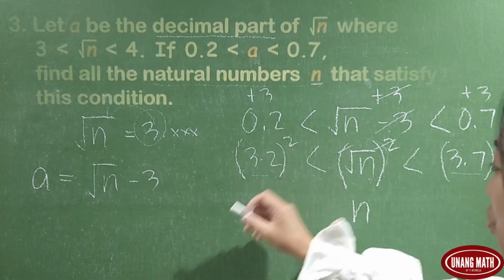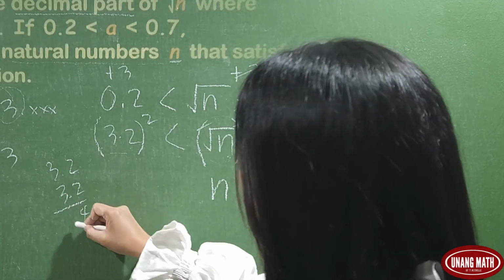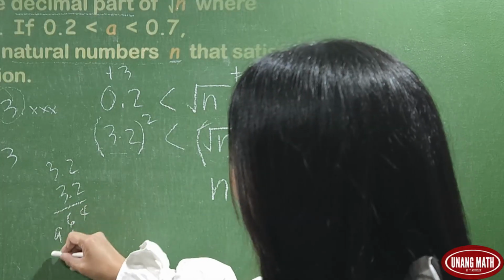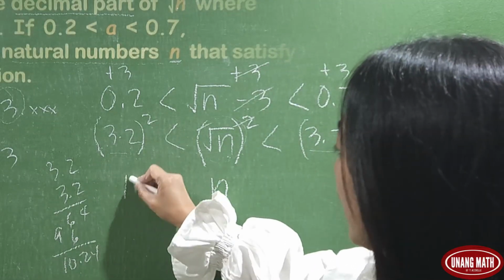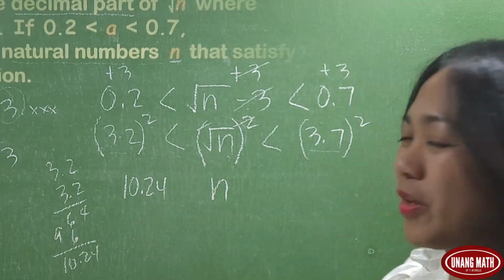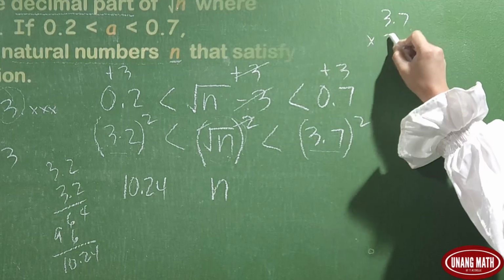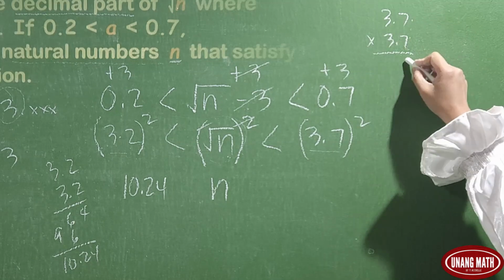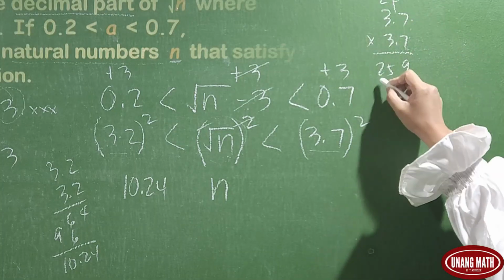What about 3.2 squared? So 3.2 times 3.2, this is 4, 6, 6, 9. So it means 10.24. So 3.2 squared is 10.24. How about 3.7 squared? So 3.7 times 3.7, this is 49, 25, 21, 11.